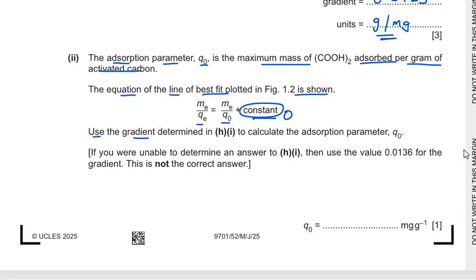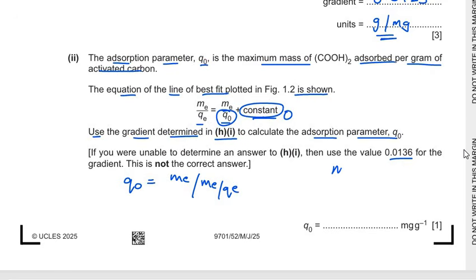Use the gradient determined in H1 to calculate the adsorption parameter Q0. So let's find out what Q0 is. Q0 is equal to Me upon Me by QE. That's what we can find out.